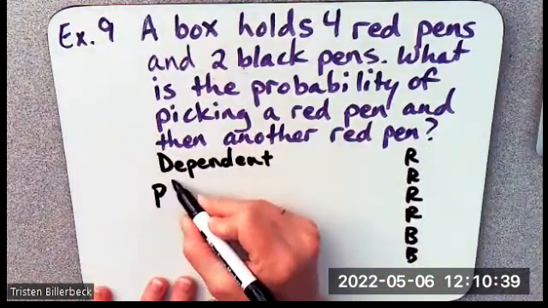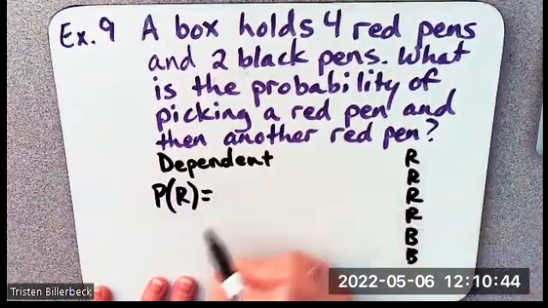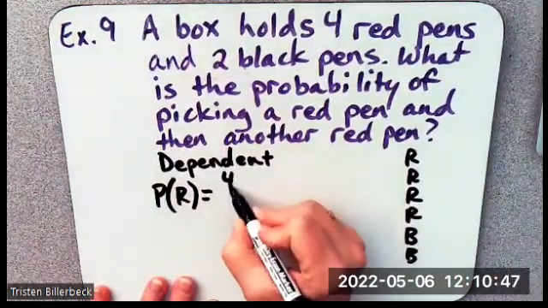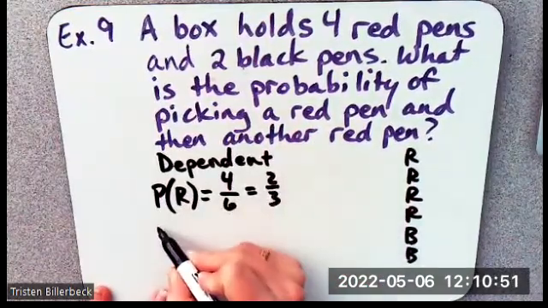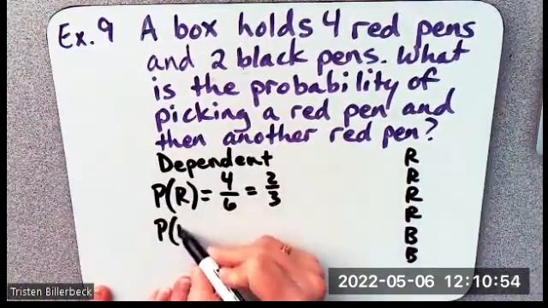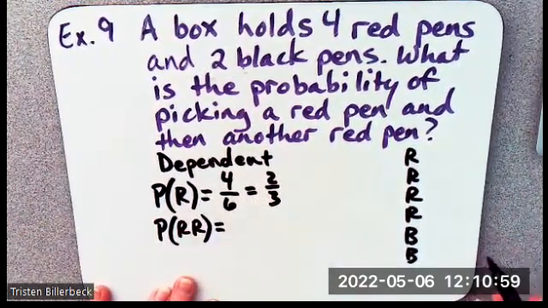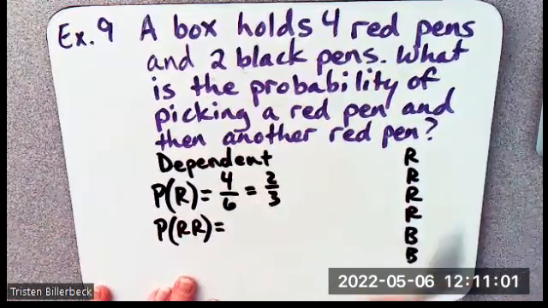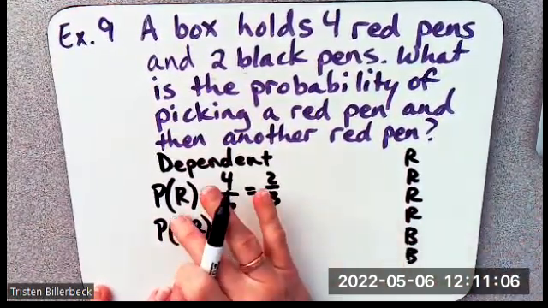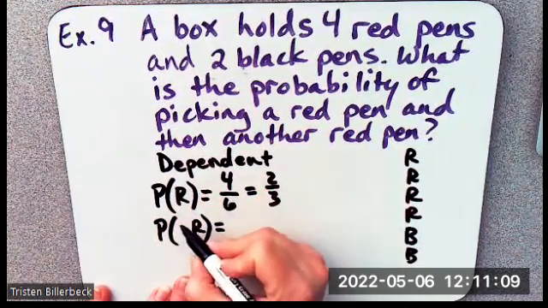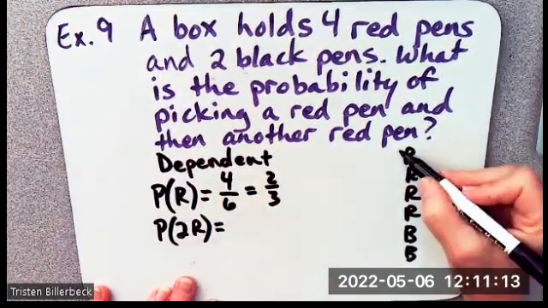Okay, so we want to pick a red pin and then another red pin. So the first probability of picking a red pin is 4 reds out of 6, which is 2/3. The probability of picking red without replacing, so that means the second red, now one of these reds is gone.